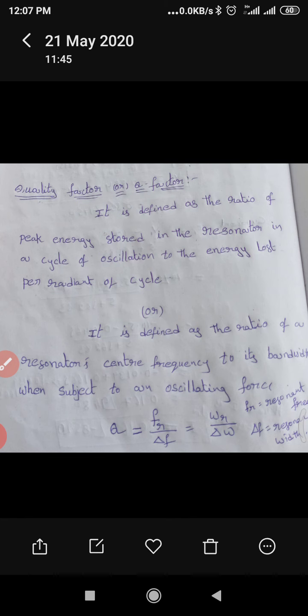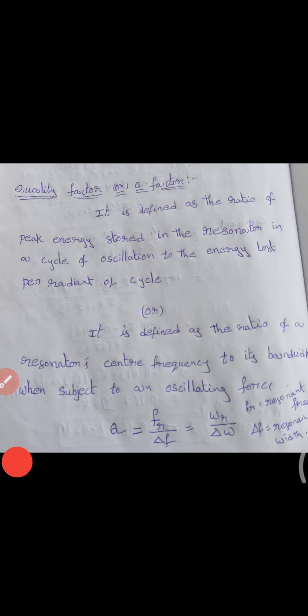That means here we define quality factor as a ratio of energy stored per cycle to the energy lost per cycle. This is the simple definition for the quality factor. Energy stored per cycle to the energy lost per cycle for a particular wave shape. So this is one of the definitions for quality factor.